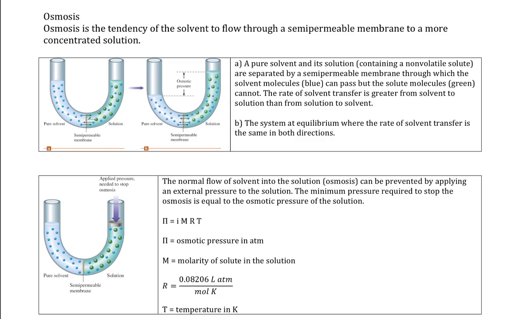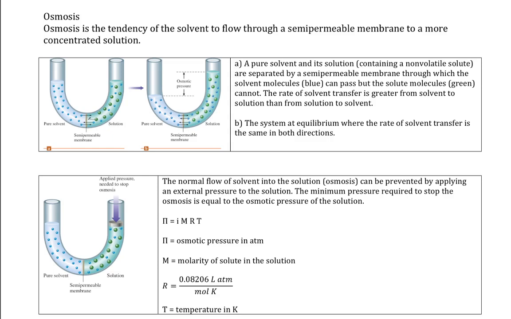So a pure solvent and its solution containing a non-volatile solute are separated by a semi-permeable membrane through which the solvent molecules, the blue ones, can pass, but the solute molecules, the green ones, cannot. The rate of solvent transfer is greater from solvent to solution than from solution to solvent.